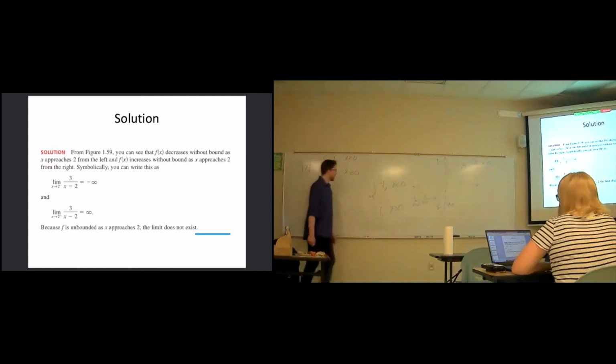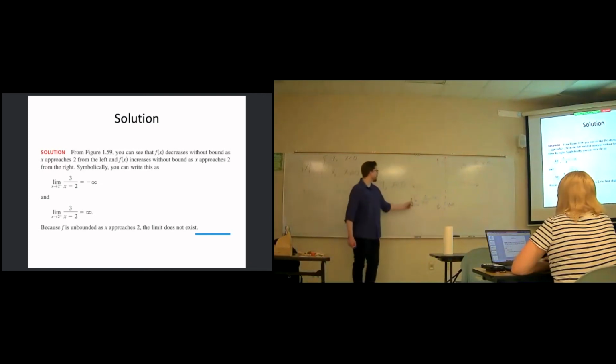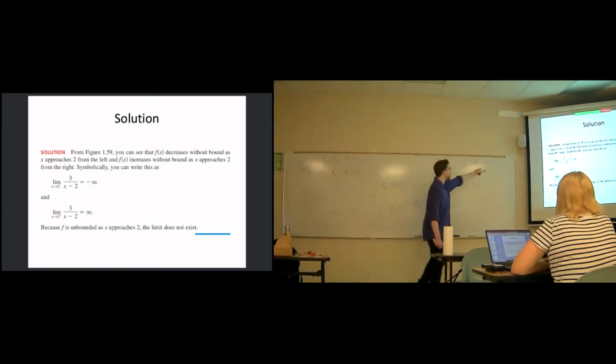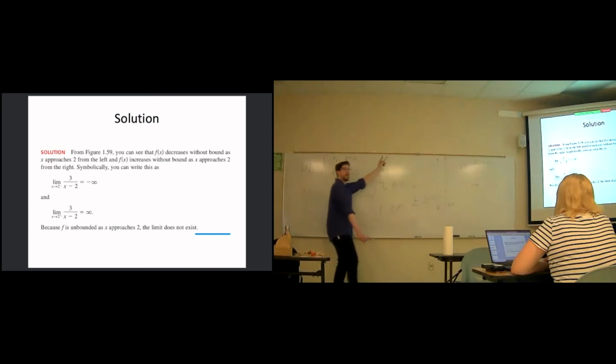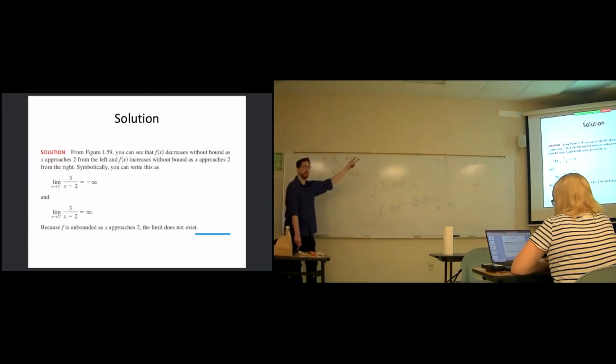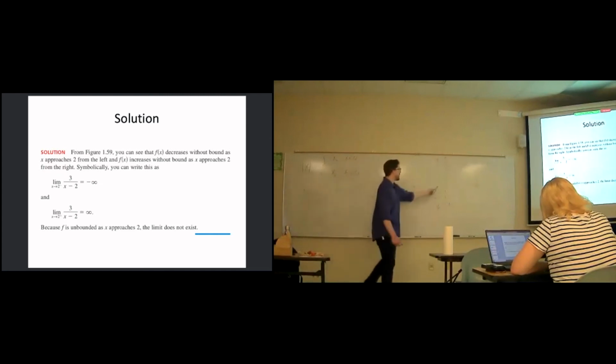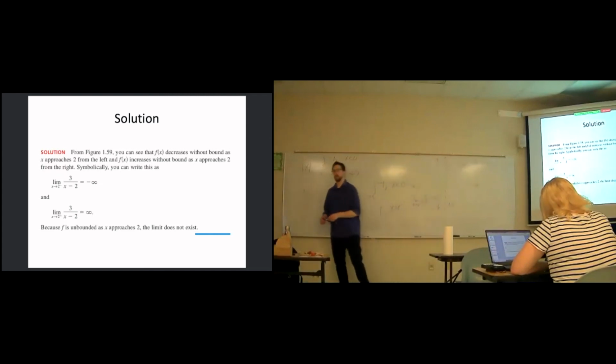So here, the limit doesn't exist because coming at it from the left, we go to negative infinity. Coming at it from the right, we go to infinity. So we go to the furthest 2 points you could ever get to, right? So they are as far apart as possible. So it must be the case that the limit does not exist. Make sense what I mean?